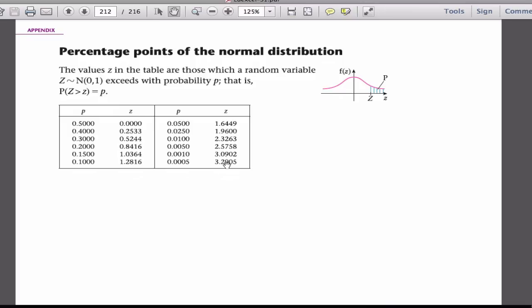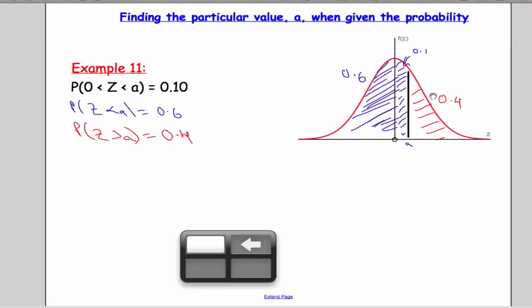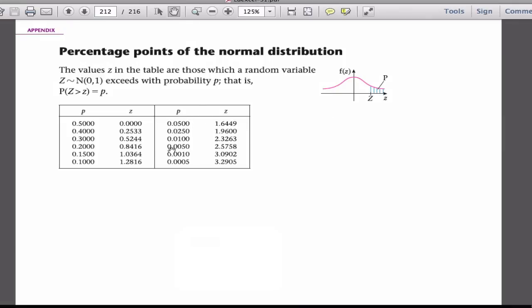Right, so let's go back to the question. I know that the probability that z is less than a equals 0.6, so I can safely say that the probability that z is greater than a equals 0.4. So this area here must be 0.4. So can we use the percentage points table? Have I got a value for 0.4? Indeed I do. It's 0.2533.